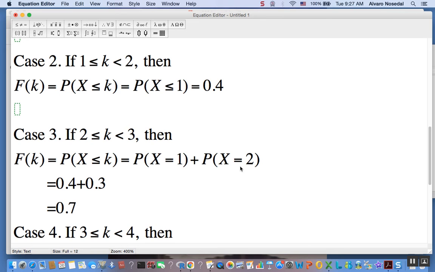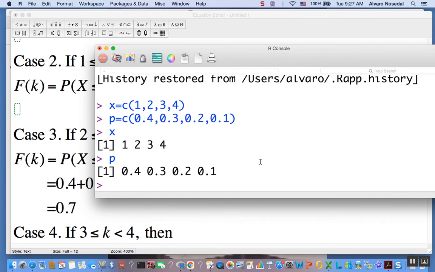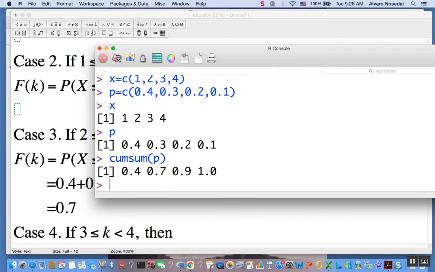Okay. So there is a function called cumulative sum in R that is going to help you do that, right? Let me show you. If we use that function, cumulative sum of P, up to this point we have 0.4, up to this point we have 0.7, up to this point we have 0.9, up to this point we have 1.